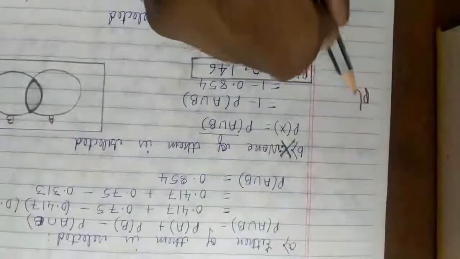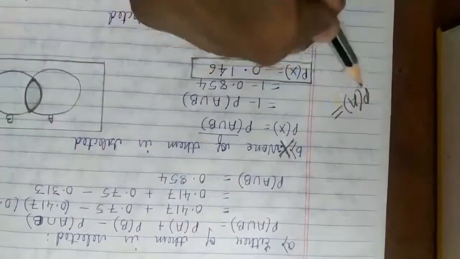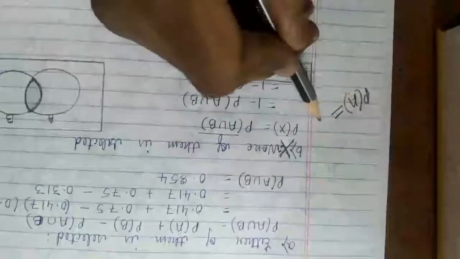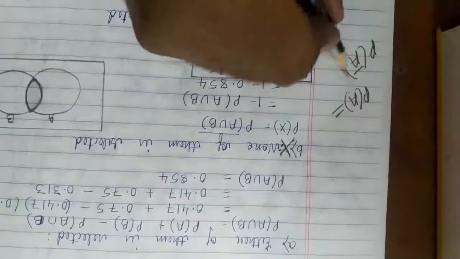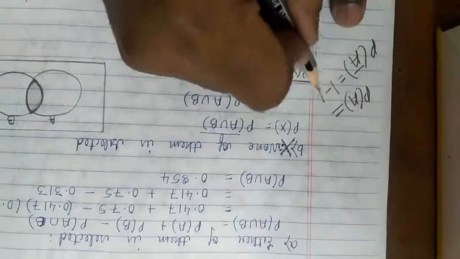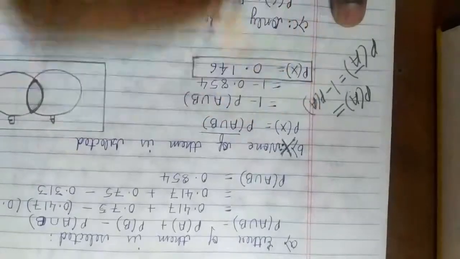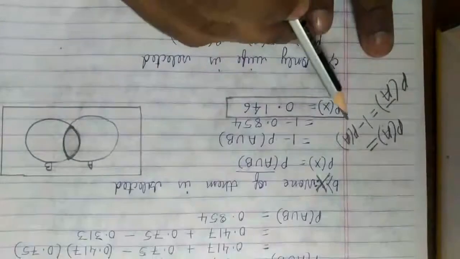We have seen what a complement event is. Suppose probability of A is the chance of event A happening. Then what is the probability that event A will not happen? That is given by probability of A bar or A dash, which is equal to 1 minus probability of A.